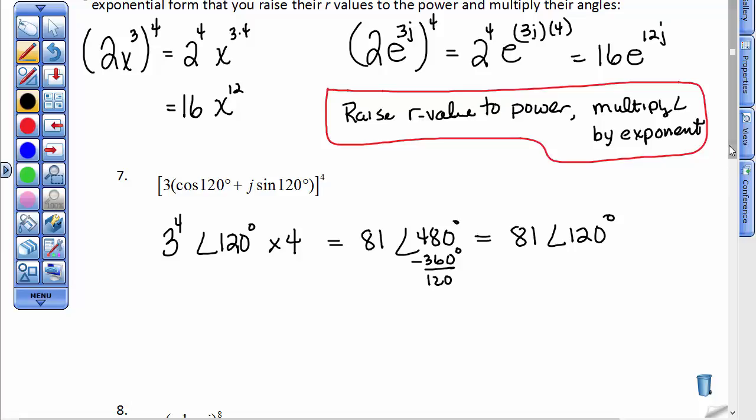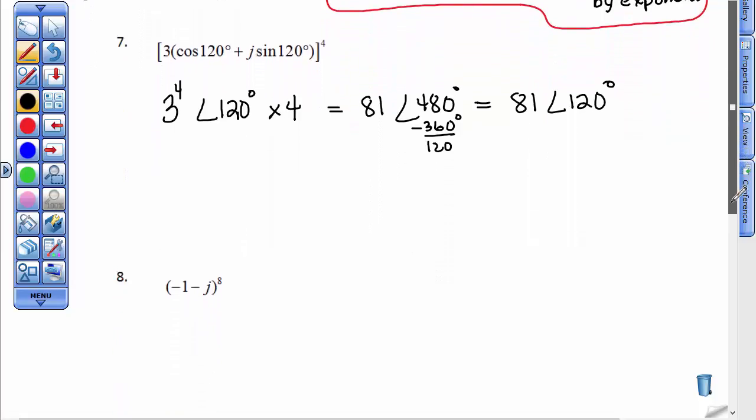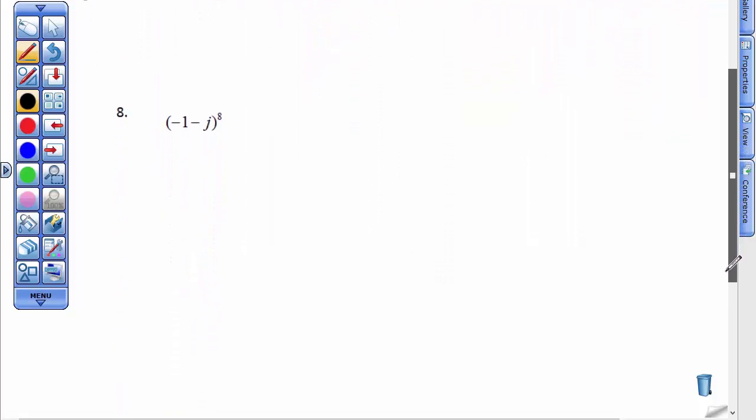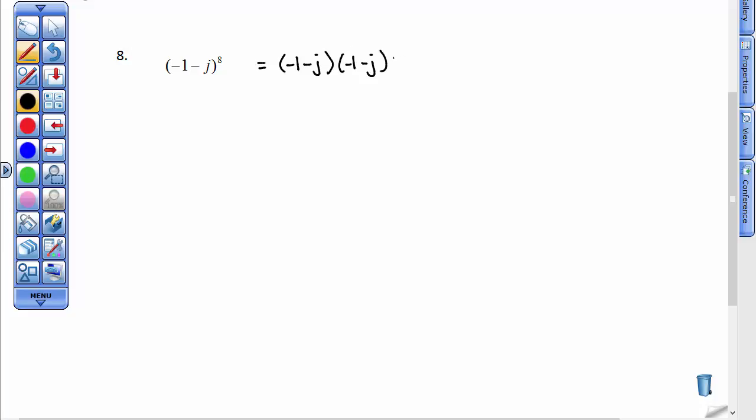The next problem is not so easy: raising a complex number in rectangular form to a power. When you see this one on the test, a number of you might write this out 8 times and try to FOIL this. That is a nightmare, because there's likely going to be a sign mistake made.